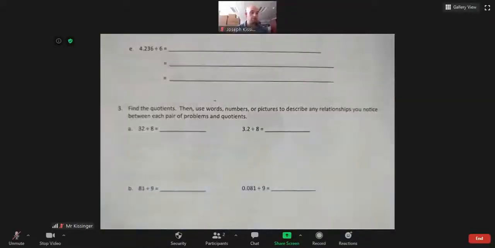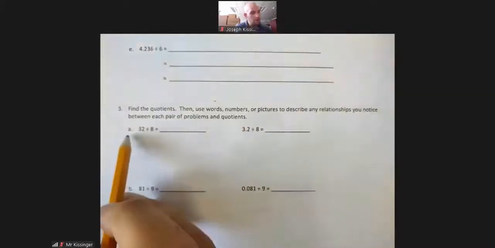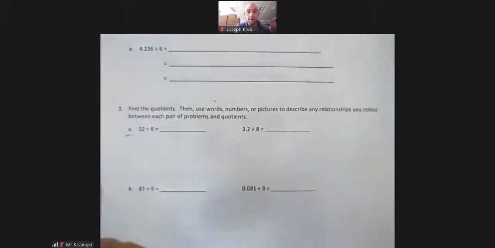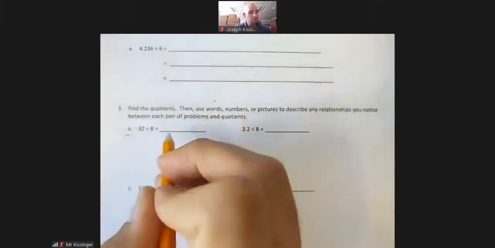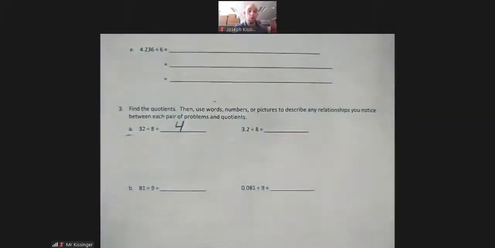All right, so let's move on to number 3. It says find the quotients. Then use words, numbers, or pictures to describe any relationships you notice between each pair of problems and quotients. So, letter A says 32 divided by 8. Well, what times 8 equals 32? 8 times 4 equals 32, so 32 divided by 8 equals 4.